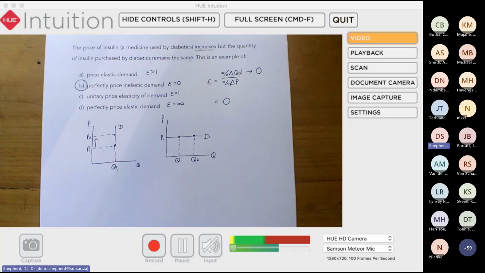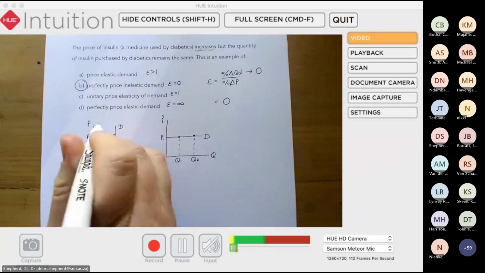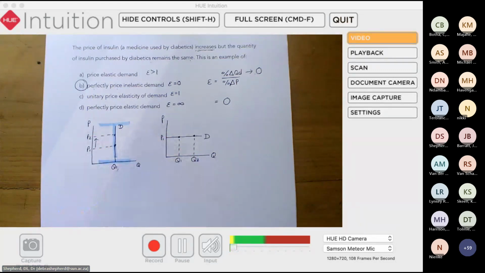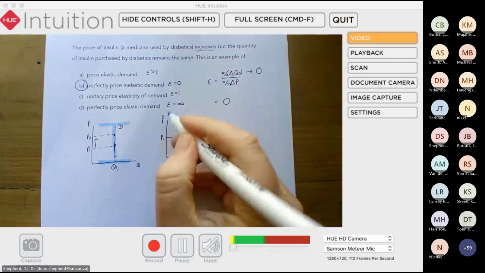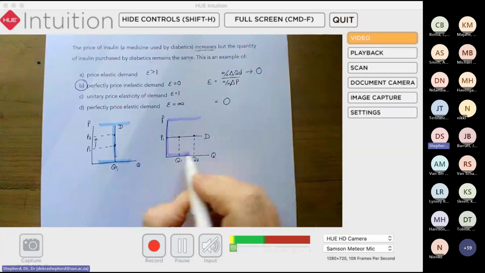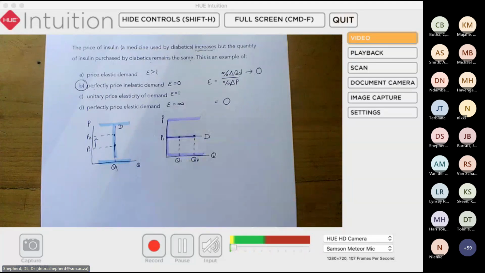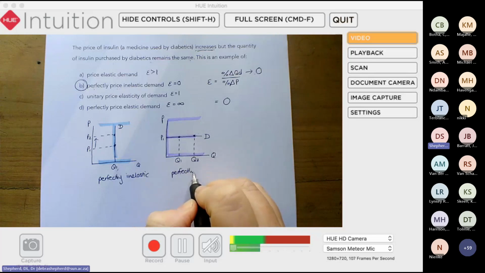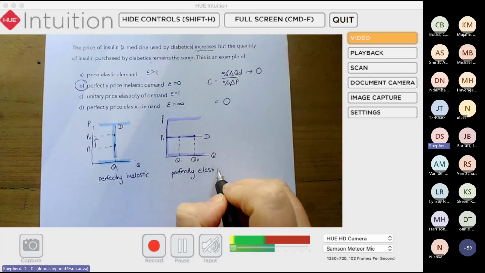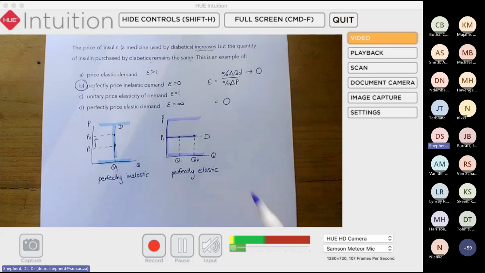How I remember these is this is an I, so inelastic. This is an E, and so elastic. So perfectly inelastic is a straight vertical demand curve. Perfectly elastic is a straight horizontal demand curve.